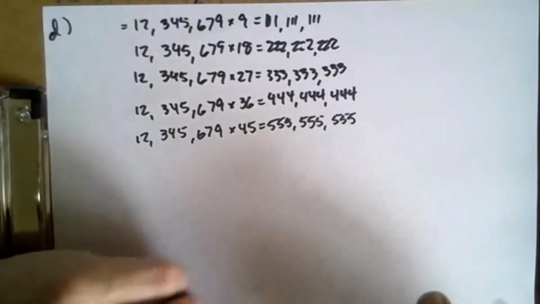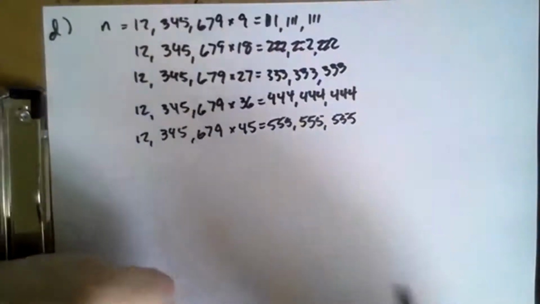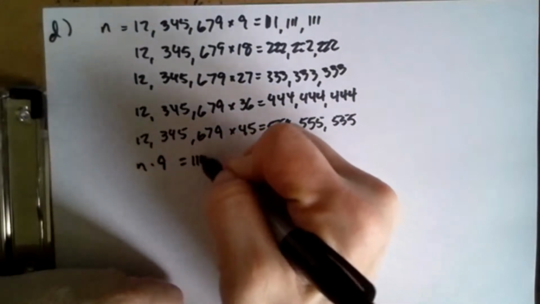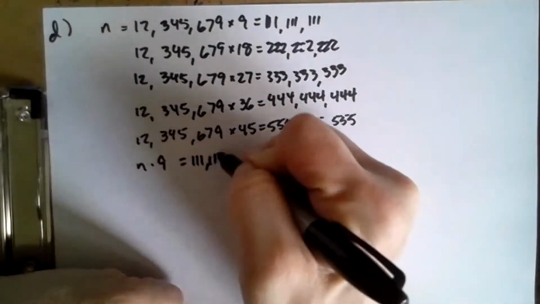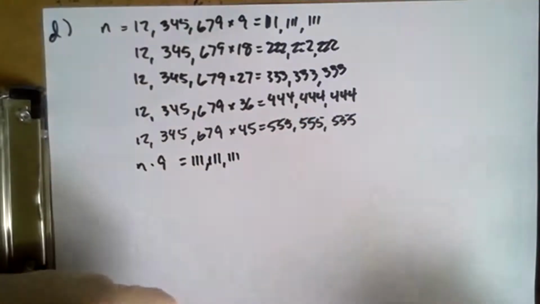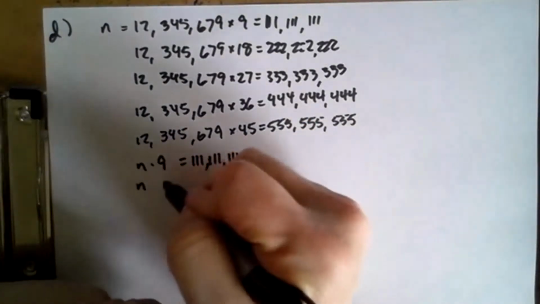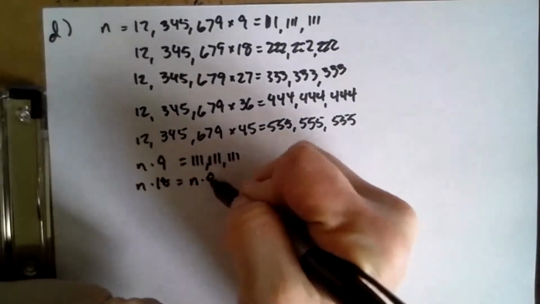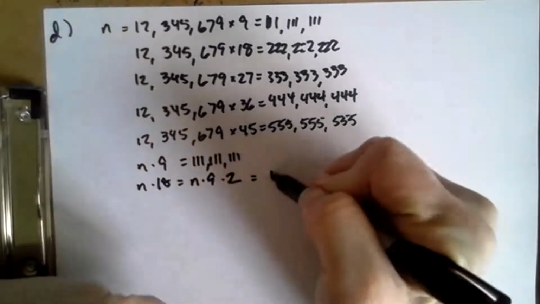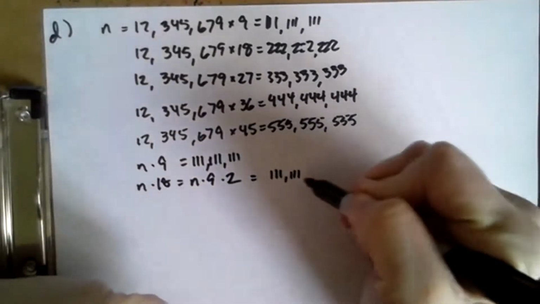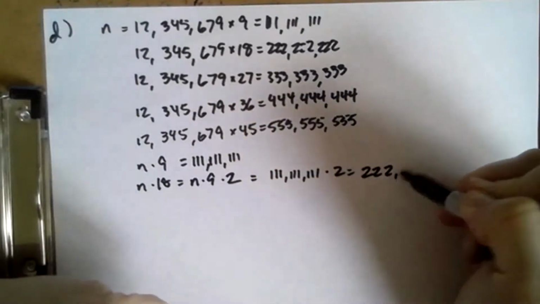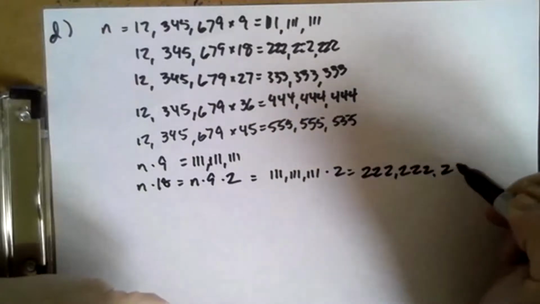Let's let 12,345,679 be n. And we have n times 9 is 111,111,111. Well then, n times 18 is equal to n times 9 times 2, which is 111,111,111 times 2, or 222,222,222.